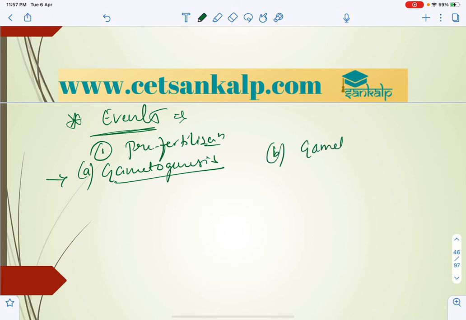Once a gamete is produced, it has to be transferred into the female reproductive tract, or near the female reproductive structure, so that fertilization can occur.